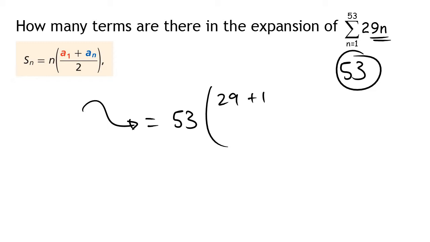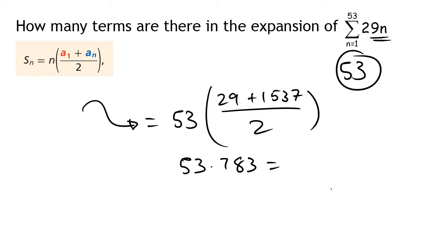1,537, and then I'm going to divide that by 2. So the sum of these values from n is 1 to n is 53, where each of the terms are 29 times n, would be 29 plus 1,537, so we add 29, and then I'm going to divide that by 2, and I get 783, and I'm going to multiply that by 53, so this is 53 times 783, which equals, I believe, 41,499.